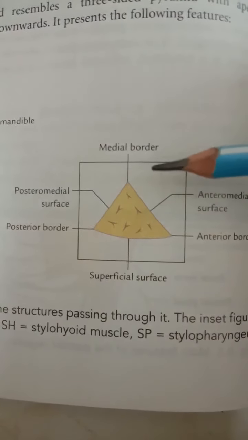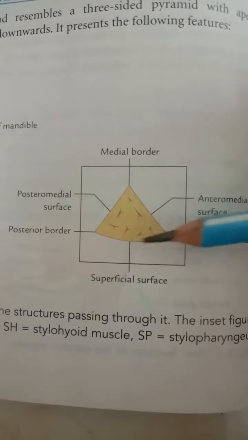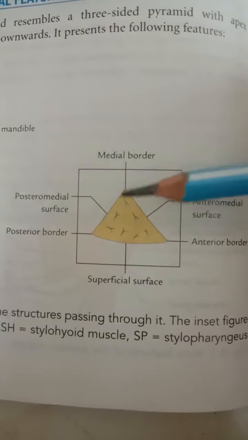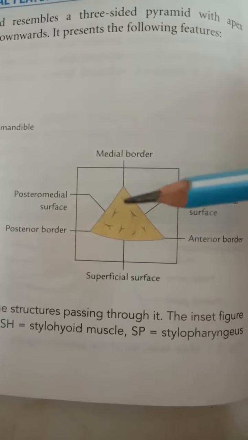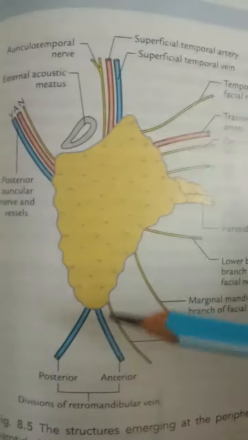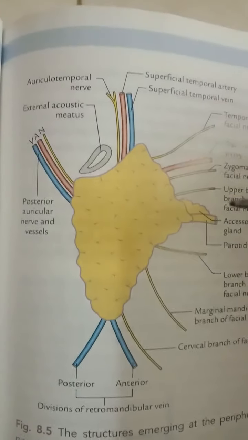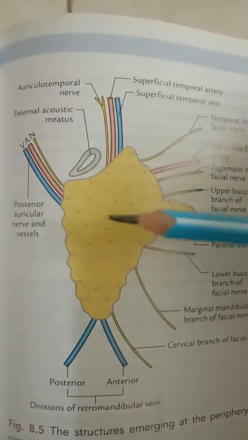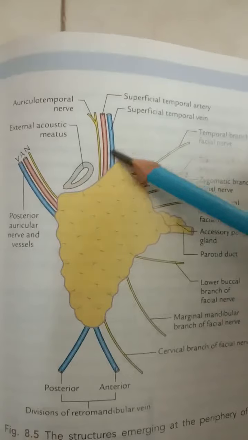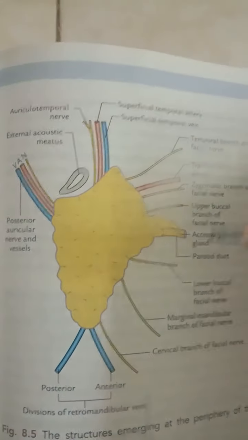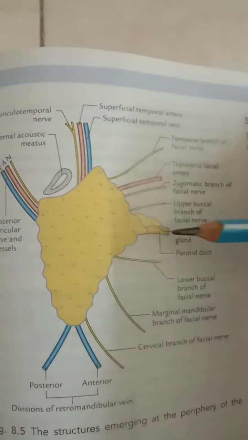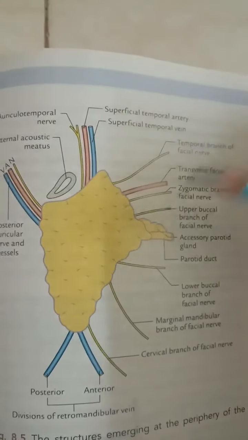The external features of the parotid gland. The gland resembles a three-sided pyramid-like structure. The apex is directed downwards, here the apex shows the downward direction, this one. Then the four surfaces: the superior surface or the base, this one; then the superficial surface, this one; then the anteromedial surface and the posteromedial surface.